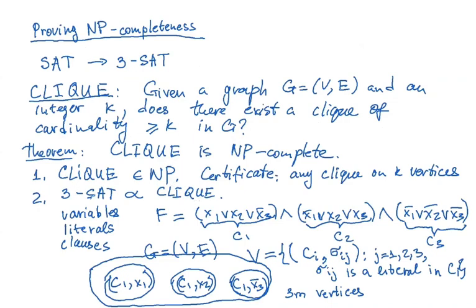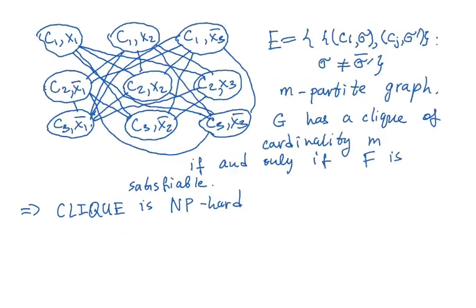NP-hardness only requires the second part. So what is NP-complete? This is an NP-hard problem that also belongs to class NP, and clearly clique belongs to class NP, so therefore we have NP-completeness for the clique problem, okay? So this completes the proof.